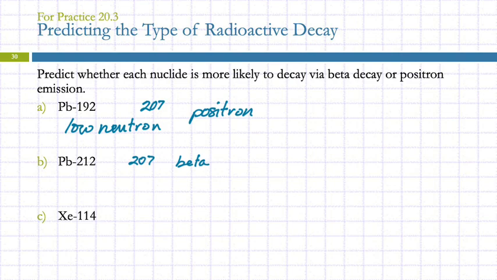You get the idea? So xenon 114, look at the average atomic mass. I looked at it and I forgot it already. 131. Does this have too many neutrons or not enough? Not enough neutrons. So what's it probably going to do? Positron, yeah.